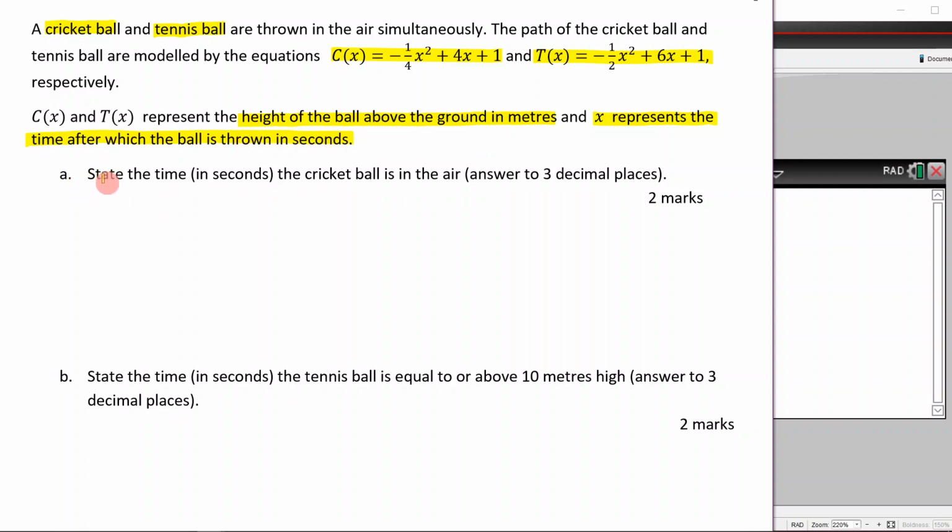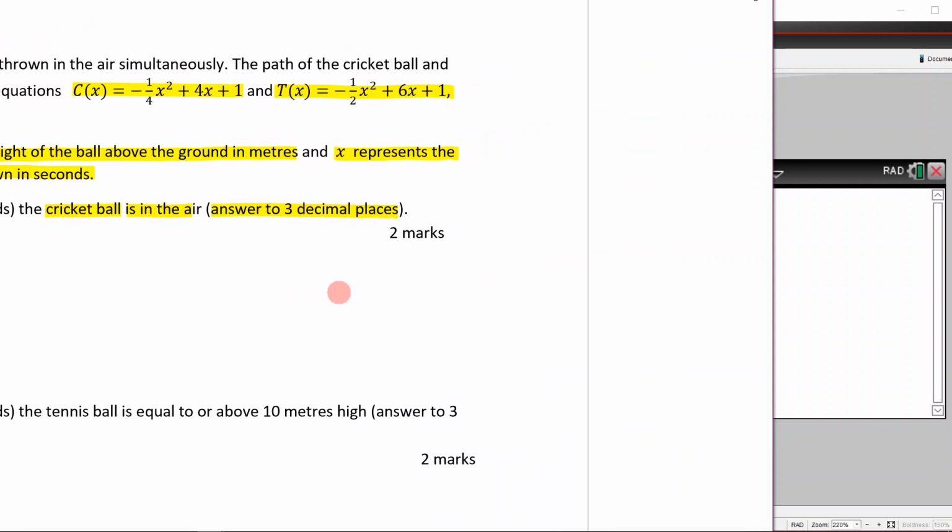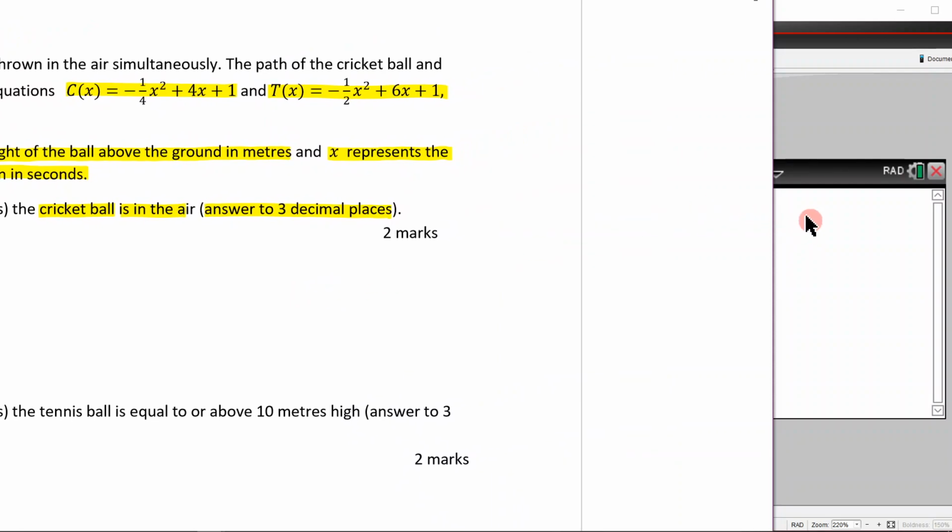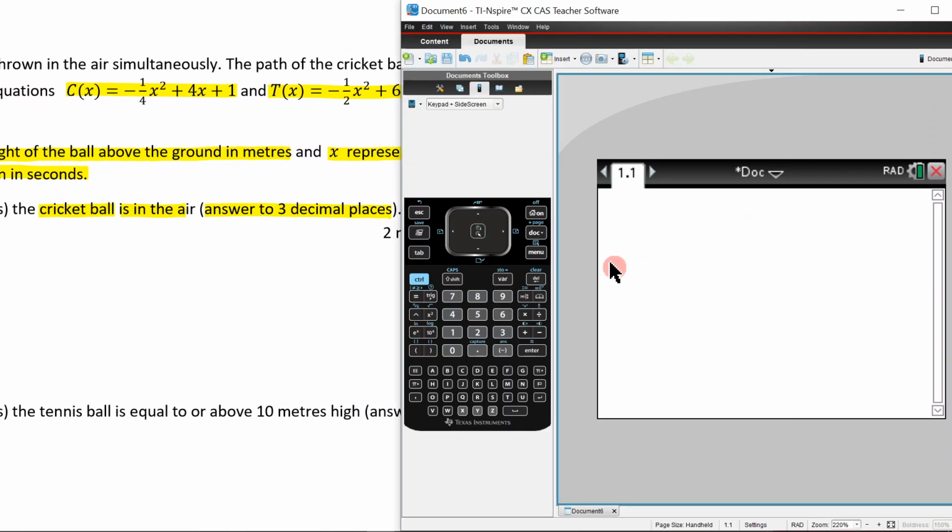For part A, we need to state the time in seconds the cricket ball is in the air, and we have to answer to 3 decimal places. So before we launch into this, what we're going to do is simply define in our CAS what we've been given. So let's type out our equation for the cricket ball.